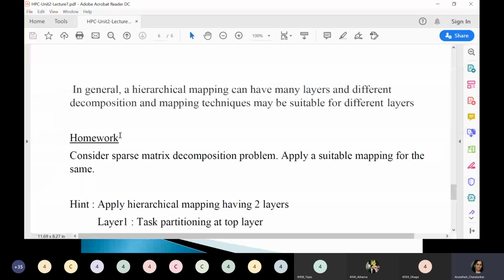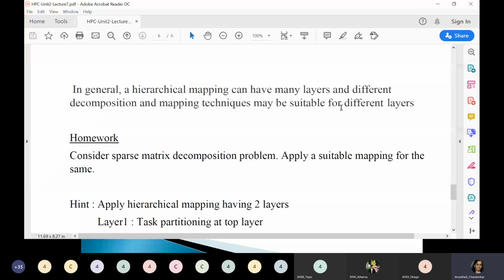In general, hierarchical mapping can have many layers, very important. When you say the word hierarchical mapping, it is generic. Imagine it as having many layers, and different decomposition and mapping techniques may be suitable for different layers.